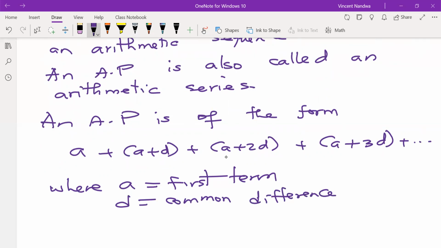So the only difference between an arithmetic progression and an arithmetic sequence is the separation between consecutive terms. For a sequence, we have commas. For a progression or a series, we have plus signs.